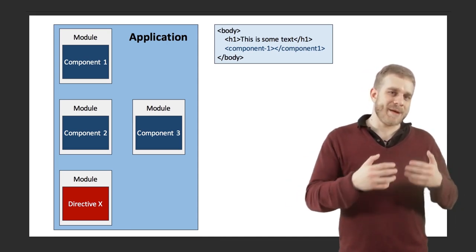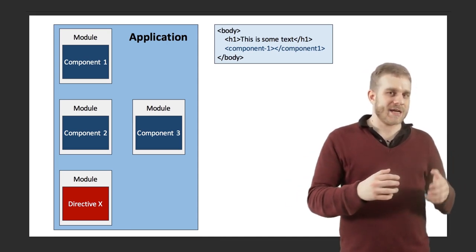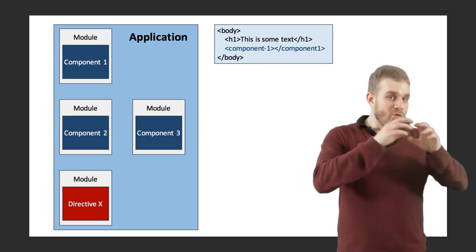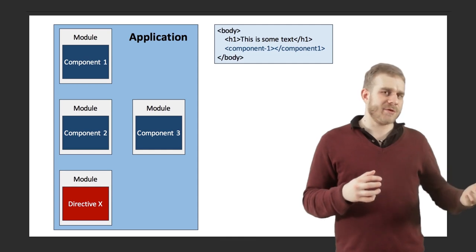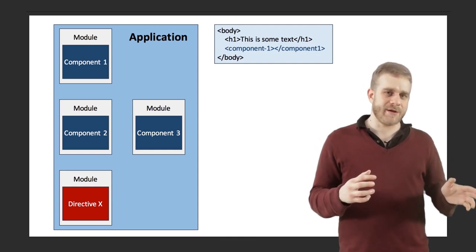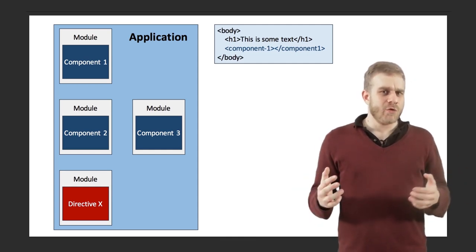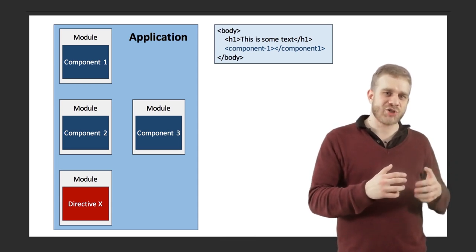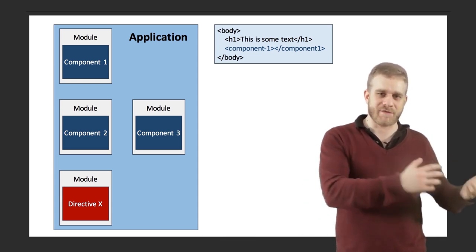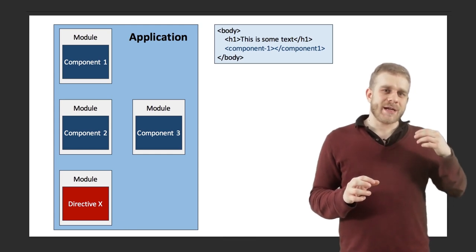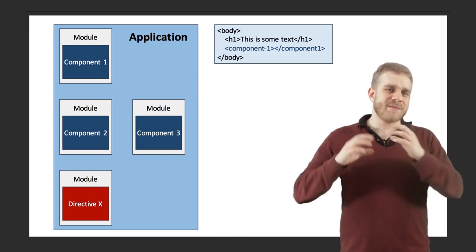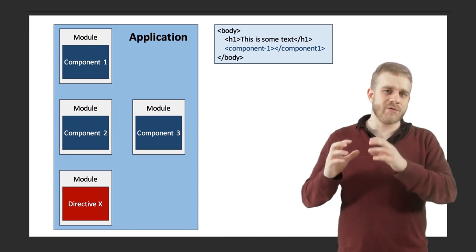Now, we embed components in the code, and when Angular 2 runs over this line of code, it will know, okay, that's a component, I have to insert something there. That something will be the view attached to a component, or the template of that component. And that is why components are a directive, but they are a special directive, a directive which holds a view.